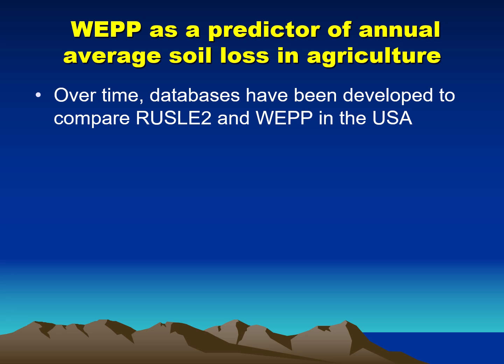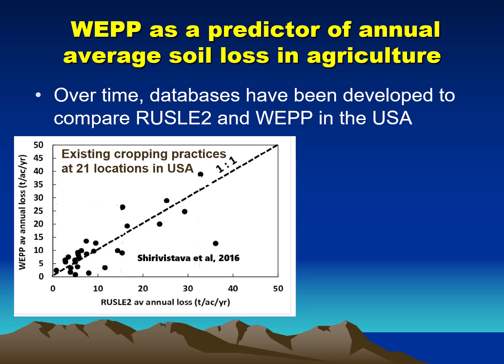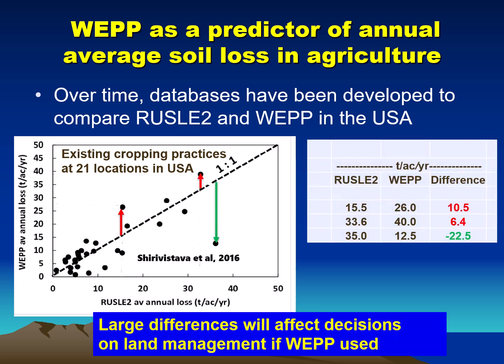Over time, databases have been developed to compare RUSLE and WEPP in the USA. This is a case where that was done in 2016. The question that arises here is that large differences will affect land management decisions if WEPP is used.